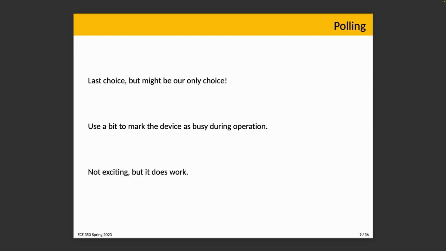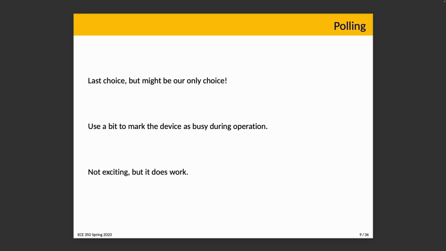When a command is issued, the controller uses a bit to mark the device as busy during the time that the operation is taking place. When the operation is done, this bit is cleared. After that, the operating system can take the next action, whether that's reading the data or scheduling the next write or just moving on to the next thing. Whatever operation is in progress has completed when we see that that bit is cleared, and then we're ready to go.